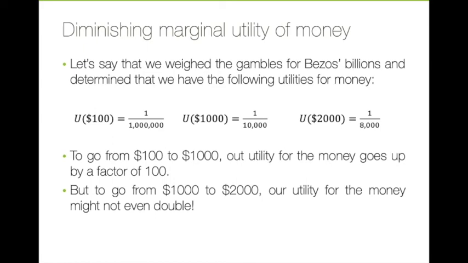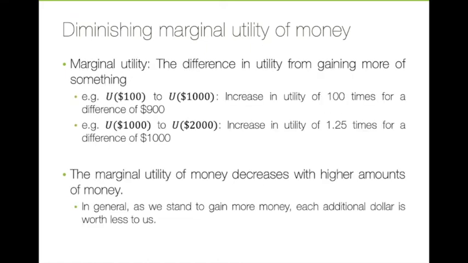But in this case, to go from $1,000 to $2,000, our utility for the money didn't even double. This actually reveals something interesting about the way people usually value money. Comparing these utilities we assign when we consider these gambles shows us what's called the marginal utility of money.